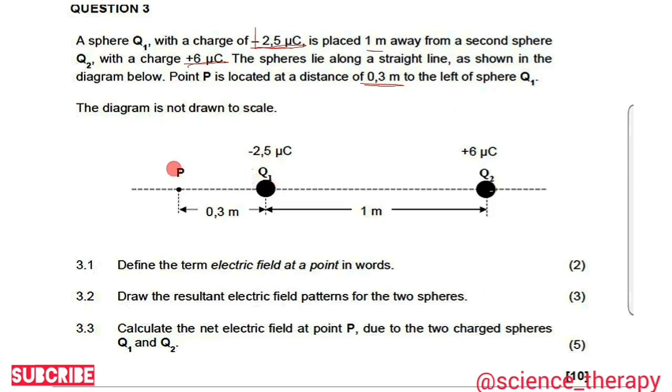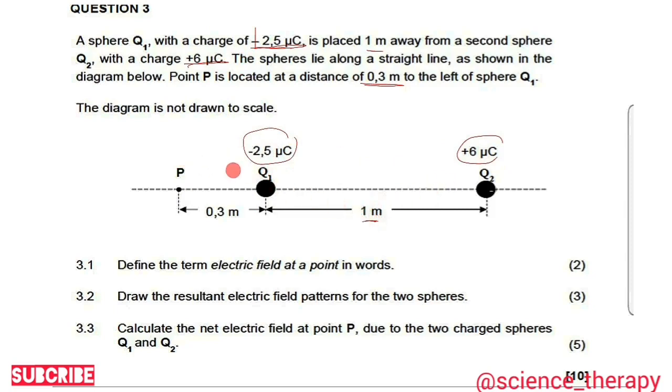So now we can see that this all indicates the information that we have above. Even if it is not drawn to scale, all the information that was spoken about is indicated here. We can see the charges, and we can see the distance between Q1 and Q2 is 1 meter.